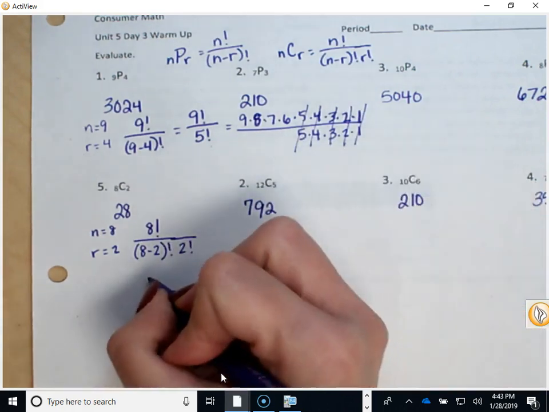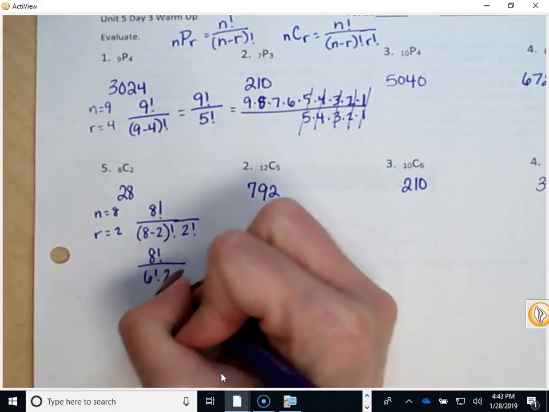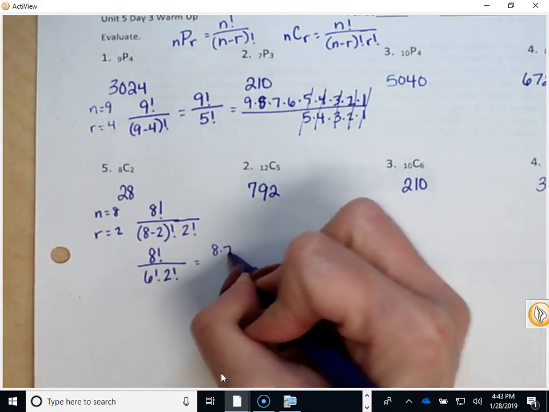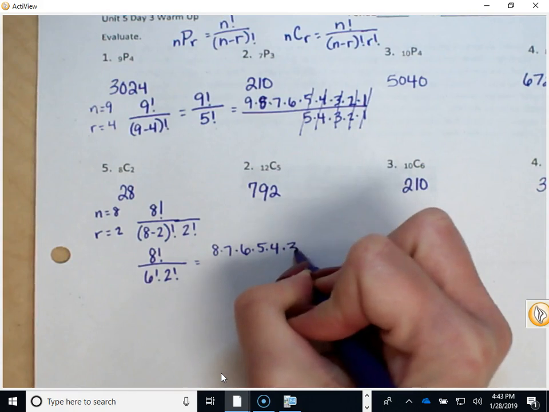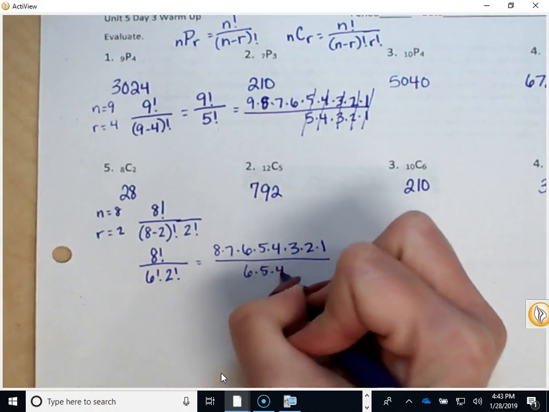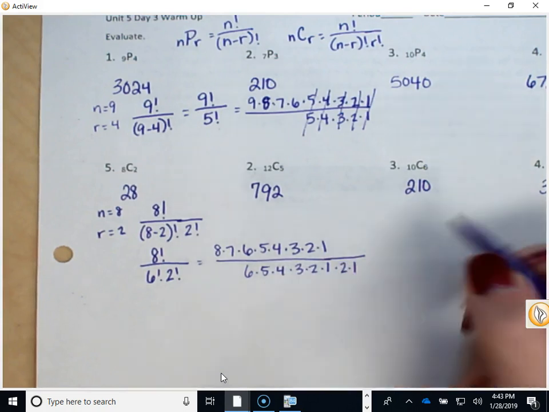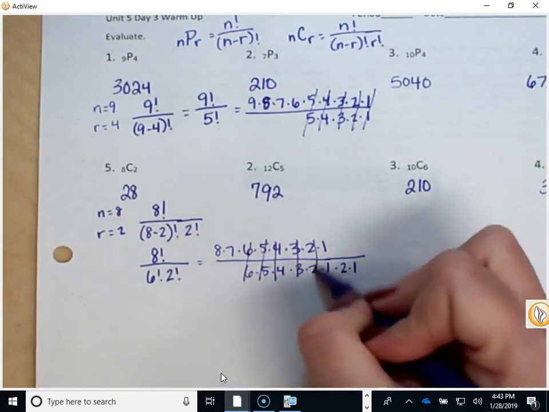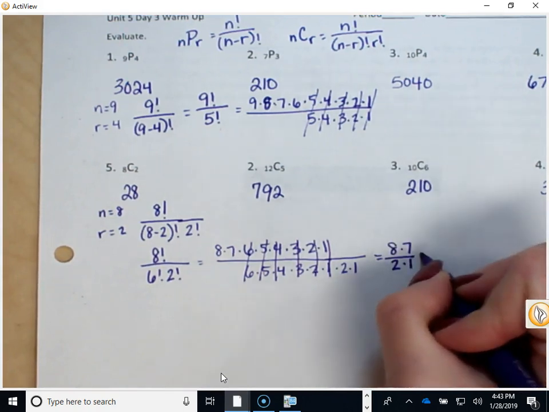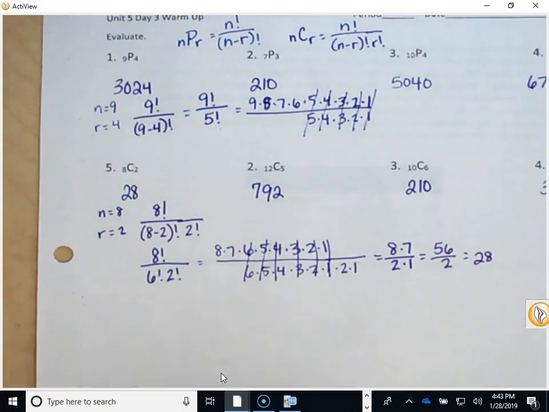All right, so to break that down, we've got 8 factorial over 6 factorial, 2 factorial, which ends up being, to see it all written out, 8 times 7 times 6 times 5 times 4 times 3 times 2 times 1, all over 6 times 5 times 4 times 3 times 2 times 1, and then we also have that 2 factorial, so times 2 times 1. So the 6, 5, 4, 3, 2, and 1 all cancel each other out, so what we're left with is 8 times 7 up top, 2 times 1 on the bottom, so that is 56 divided by 2, which gives me 28. So you can see that's what we got for our answer.